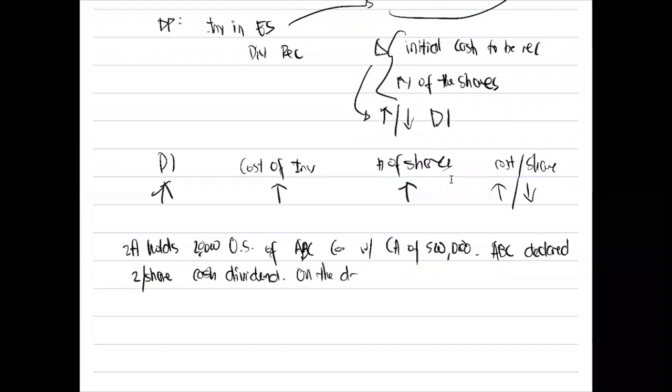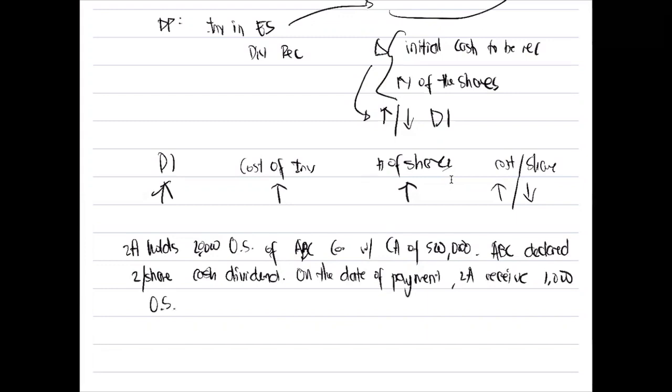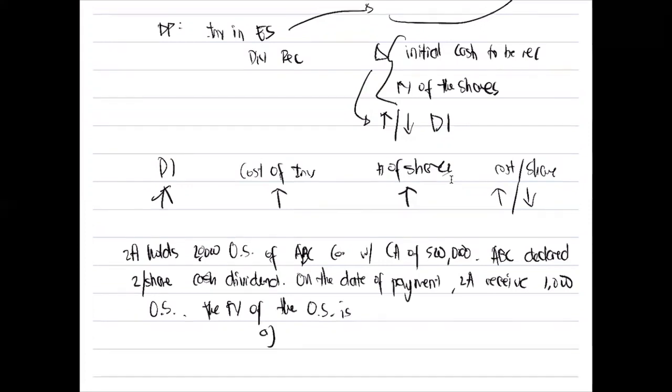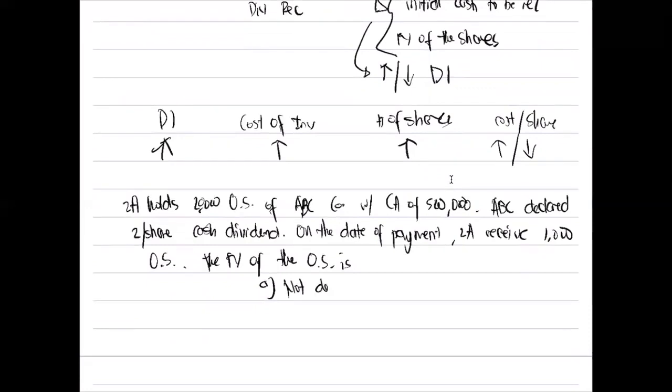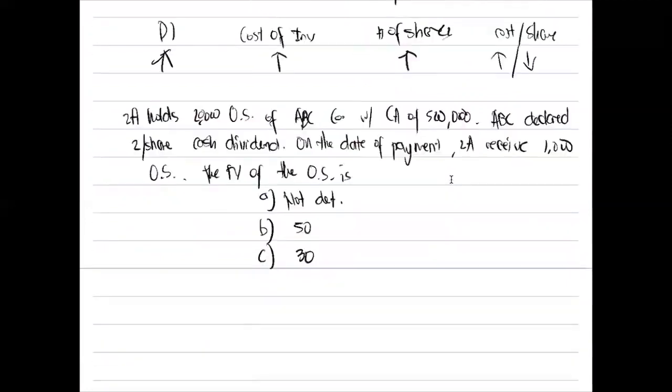On the date of payment, 2A received 1,000 ordinary shares. The fair value of the ordinary shares is, let's say, letter A, not given or not determinable. Letter B, 50. Letter C, 30.